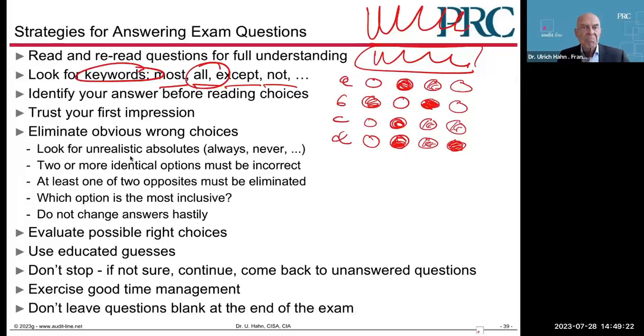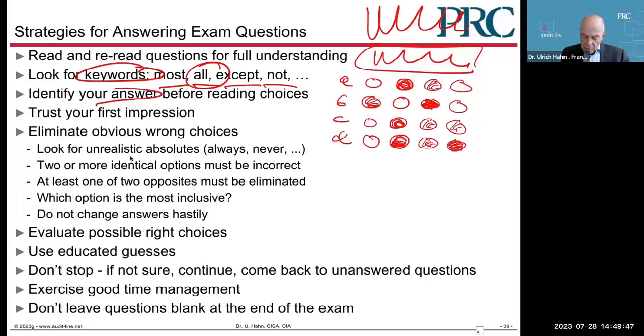It depends on the situation. And that is also what is expected from an internal auditor, that you can adapt to the situation. If you are very strict, then that can be wrong. So that's a risk. Very often when you have these very strict answers or questions, you have to be careful. They try to mislead you.